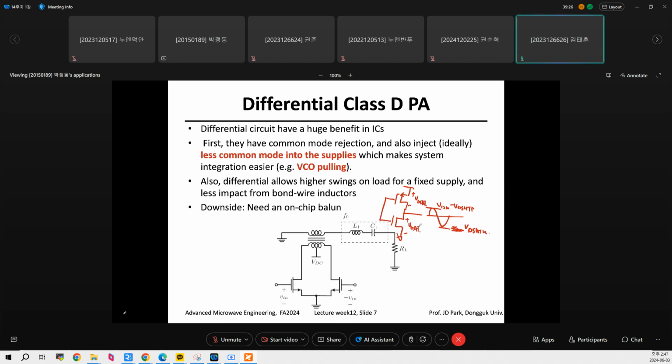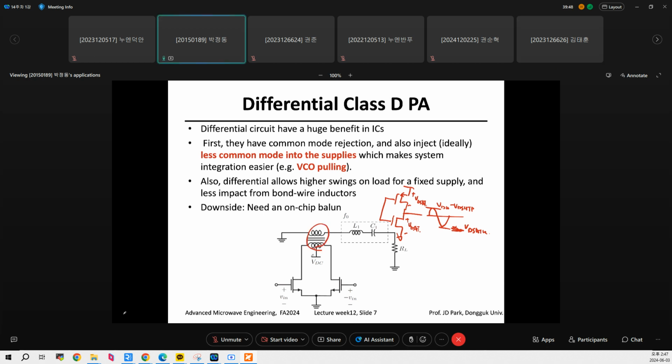So in order to avoid those issues, people use class-E amplifiers in differential form. The structure is given by this. The only downside is this on-chip balun, which is a little bit lossy.